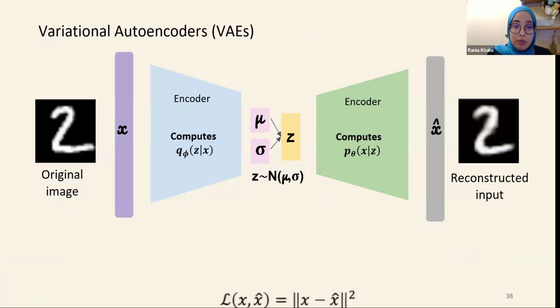So now the encoder, sorry, I think there's this one. I will delete this from the slides, okay? So this is the loss function of the autoencoder, but we are discussing the variational autoencoder.